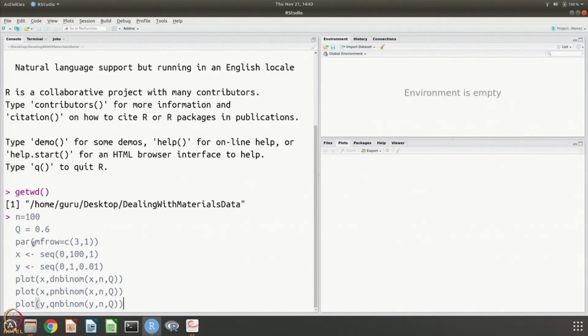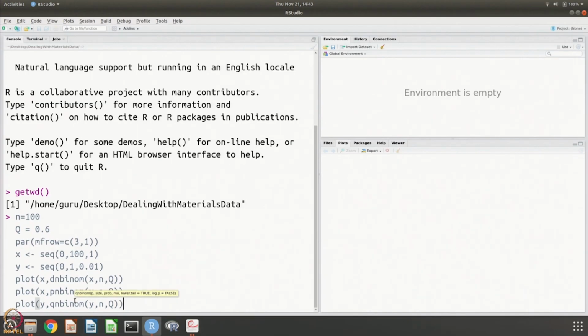So, we are going to have 3 rows of plots, and x is from 0 to 100 and y is from 0 to 1 in steps of 0.01. The first one plots the probability density or mass function, the second plots the cumulative distribution function, and the third plots the quantile function.